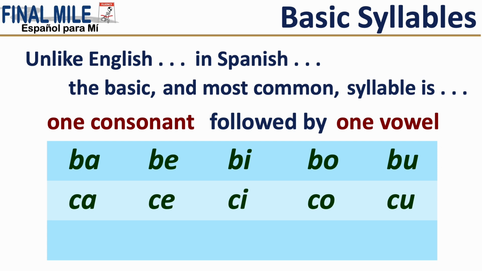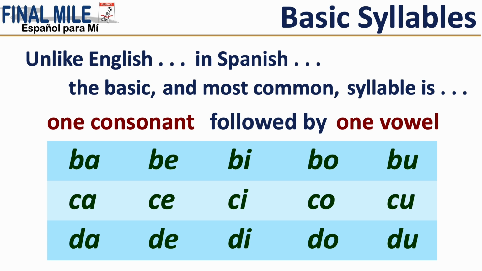Ca, ce, ci, co, cu. See if your brain is willing to do it. Look at the syllables and make the sounds. C is one of 2 variable consonants in Spanish. We learned this in Spanish letters and sounds, which is the prerequisite for this class. Ca, ce, ci, co, cu.